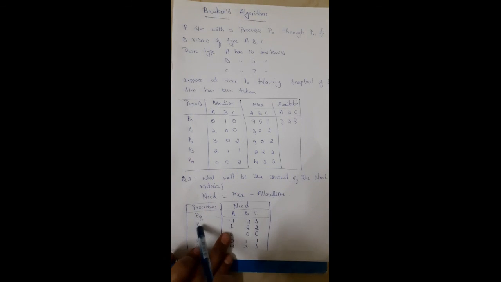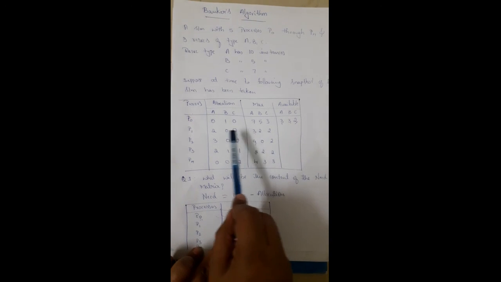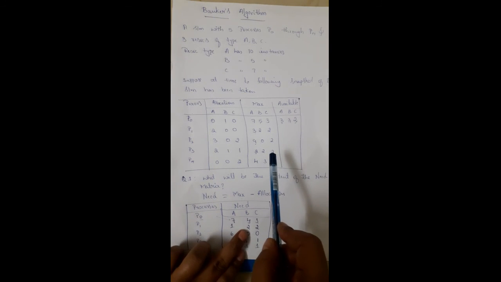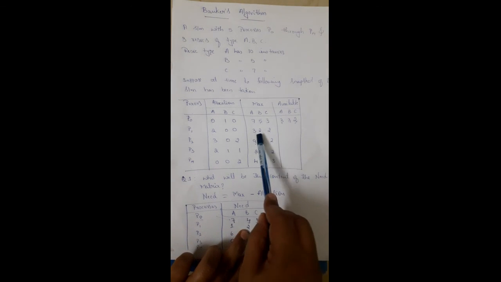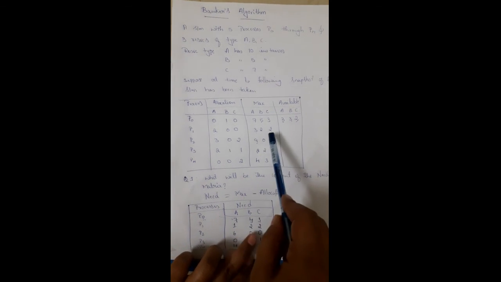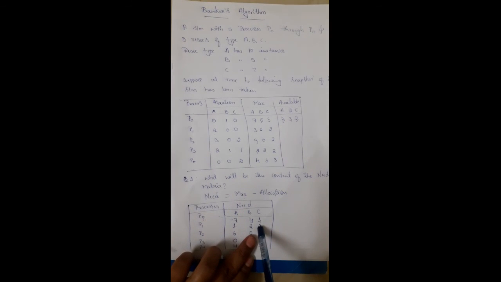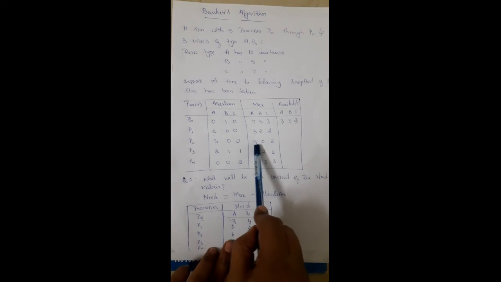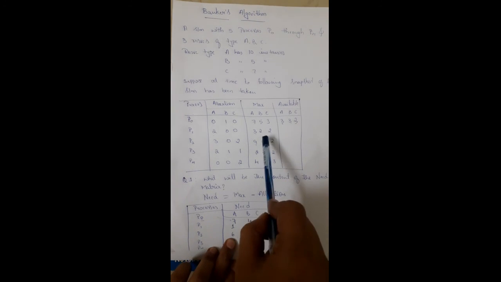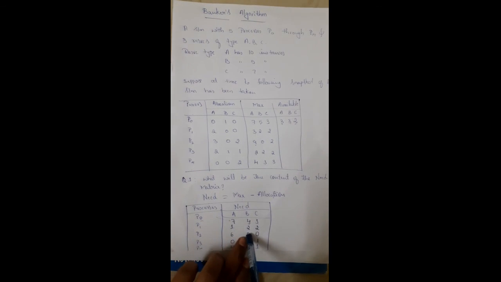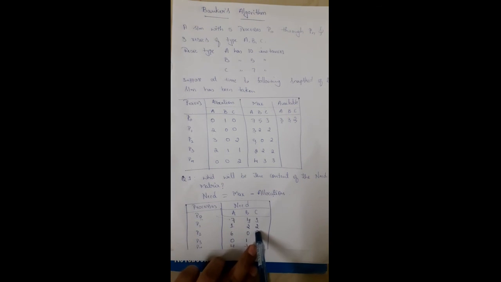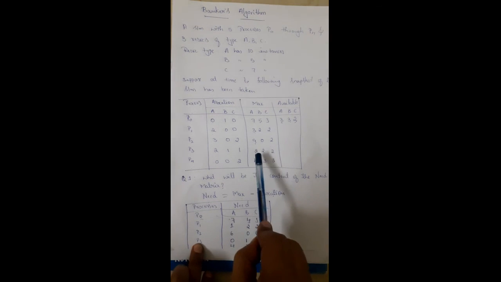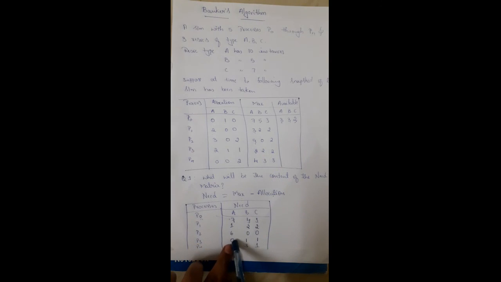For P1 it is 3 minus 2, 1. Then 2 minus 0, 2. 2 minus 0, 2. Next, with respect to P2, 9 minus 3, 6. 0 minus 0, 0. 2 minus 2, 0. With respect to P3, 2 minus 2, 0. 2 minus 1, 1.